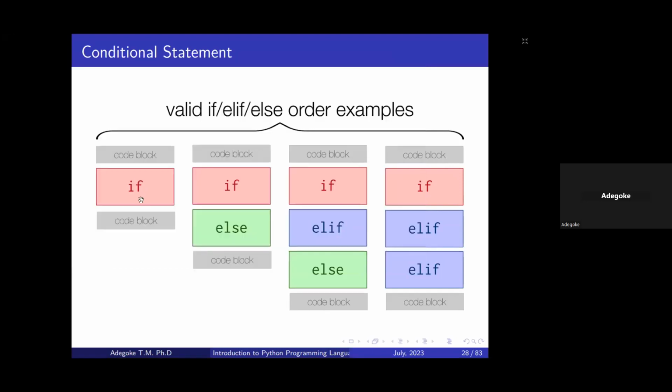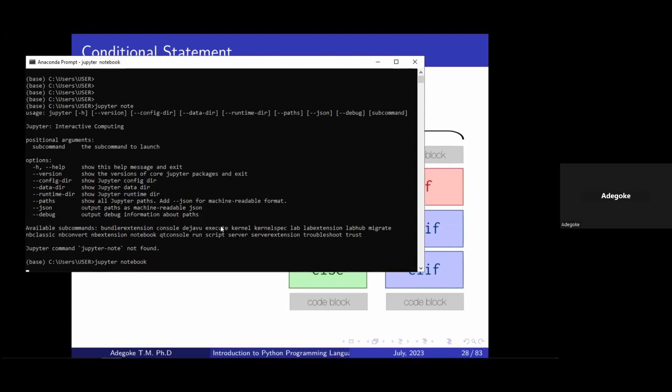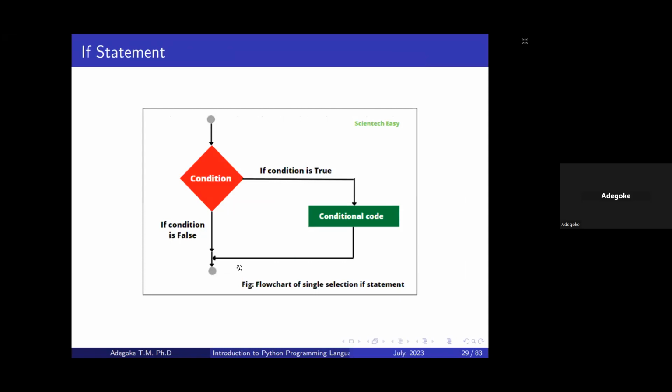That is the if statement: if the person is more than 18, the person is allowed to come into the party. But with the if else statement, we have another statement that tells the user who is less than 18 that, okay, you cannot have access to this particular party. I'm trying to get my Jupyter running.